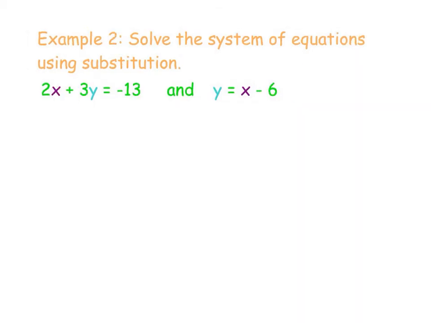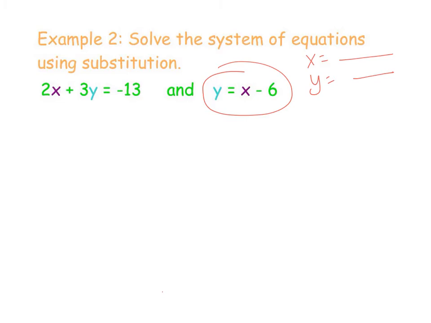Okay, let's look at another example together. 2x plus 3y equals negative 13, and y equals x minus 6. Remember, we want the equation that either begins with x equals something or y equals something. And it looks like we're going to have a y equals x minus 6.